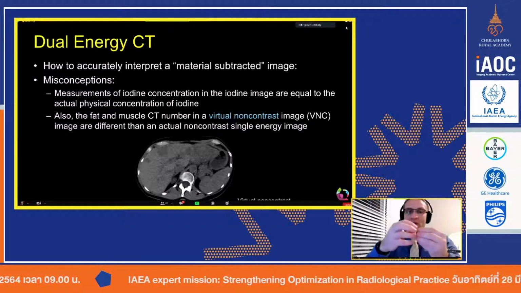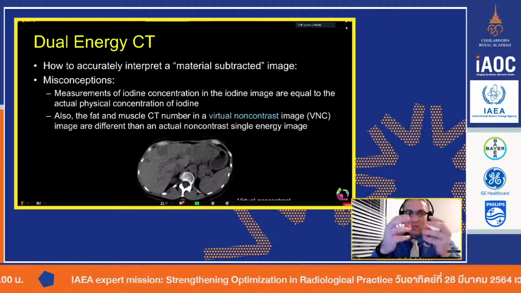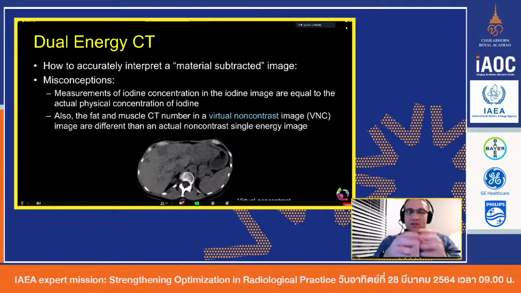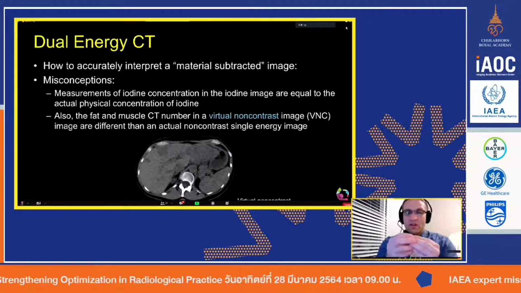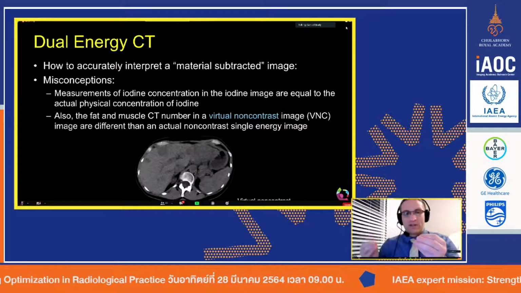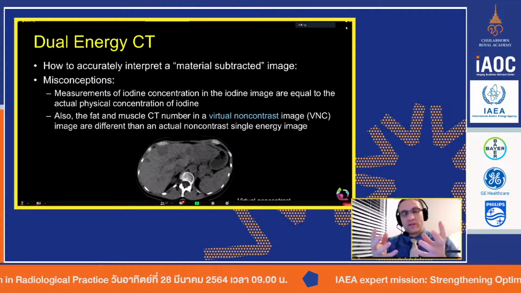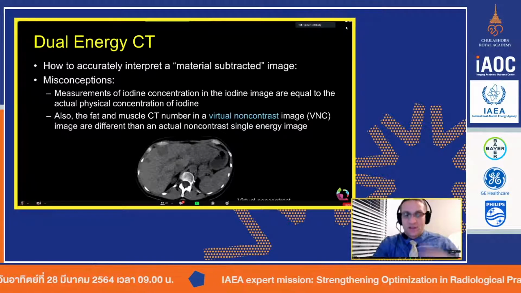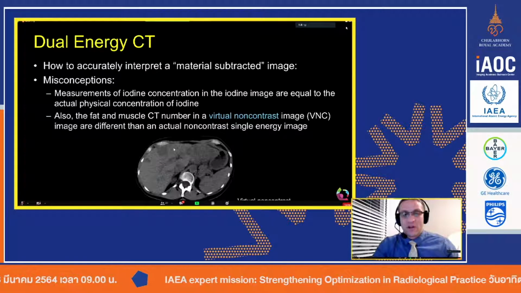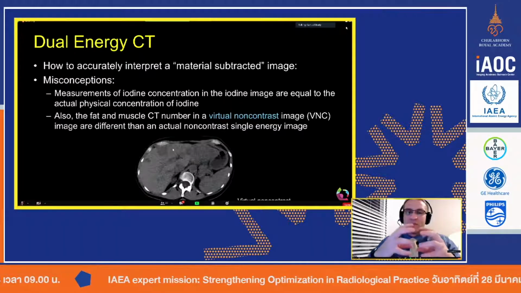So when you reconstruct it, the appearance is a combination of all of those atomic numbers, all of those materials in one. And if you simply subtract one out, well, it's obviously going to look different. Apparently you get rid of the contrast, so it's a virtual non-contrast image. But you're also taking some of the information away.